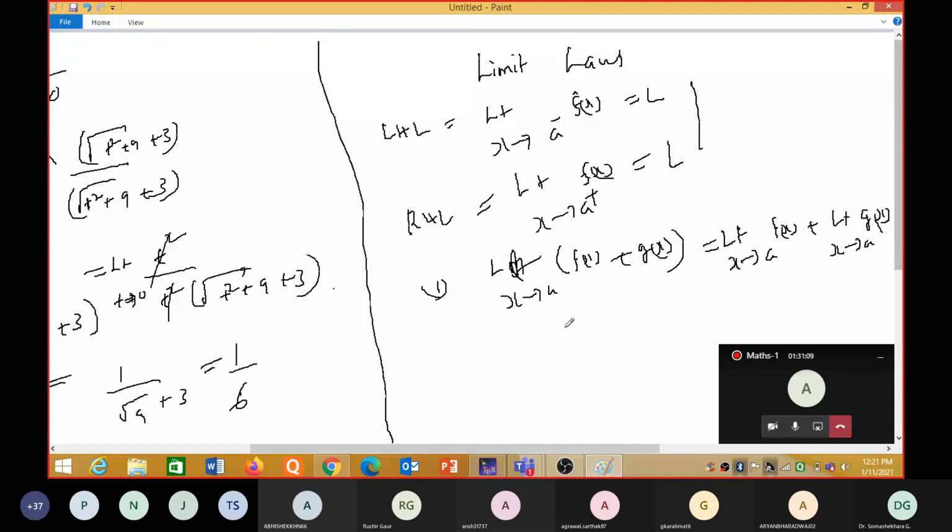It is similar to integration. If two functions are there, x square plus sin x, we can operate the integration on both terms: integration of x square dx plus integration of sin x dx.